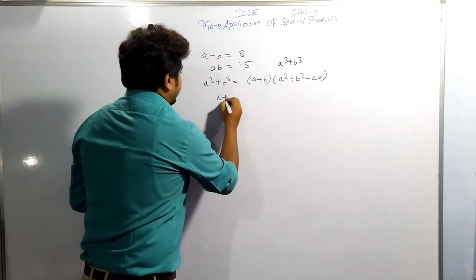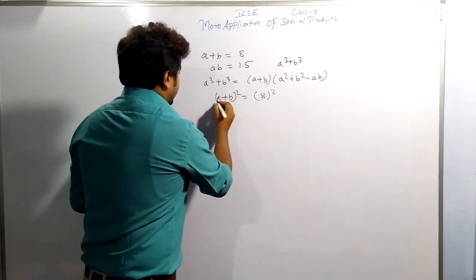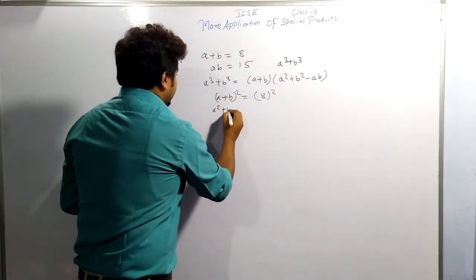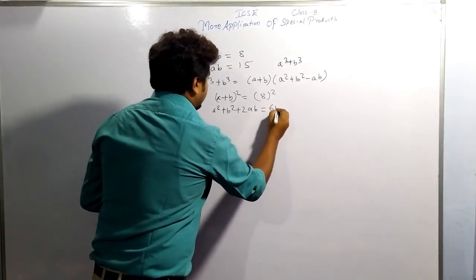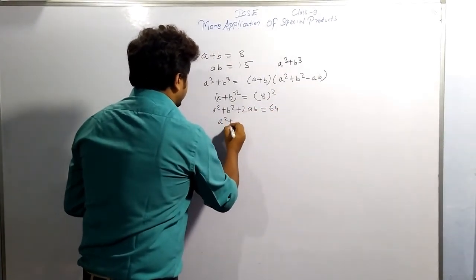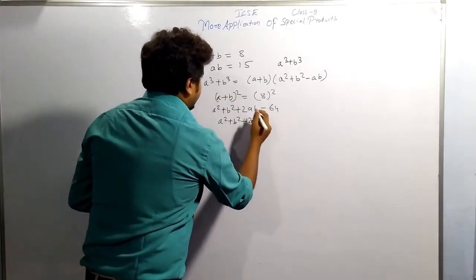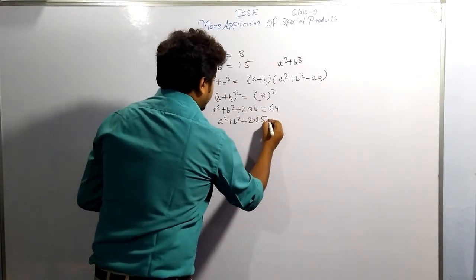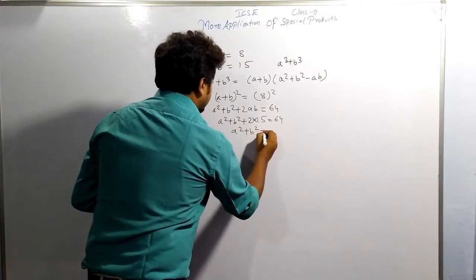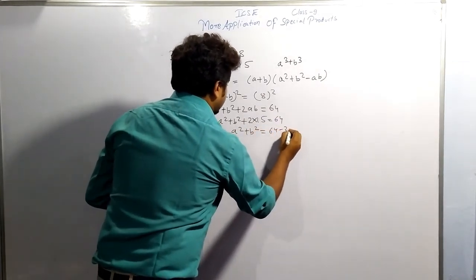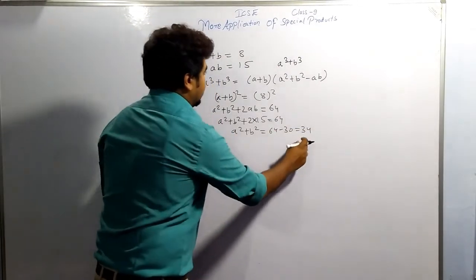So A plus B whole square is equal to 8 square. So A square plus B square plus 2AB is equal to 64. So A square plus B square plus 2 into AB, AB we know is 15, is equal to 64. So A square plus B square is equal to 64 minus 30, which is coming out to be 34.